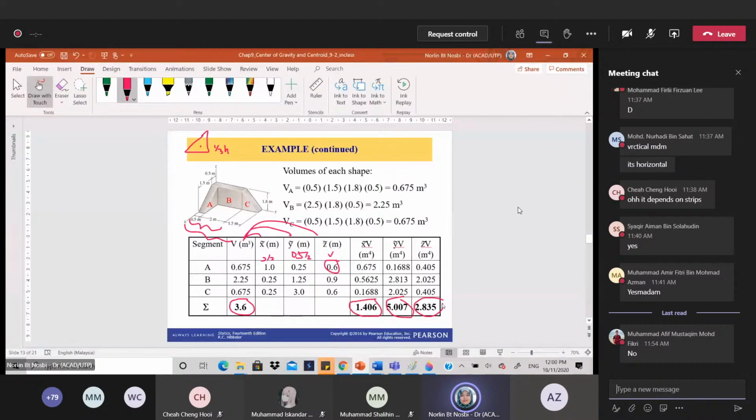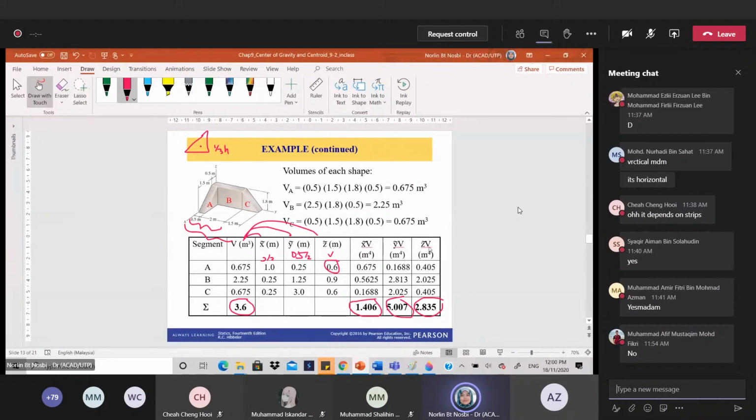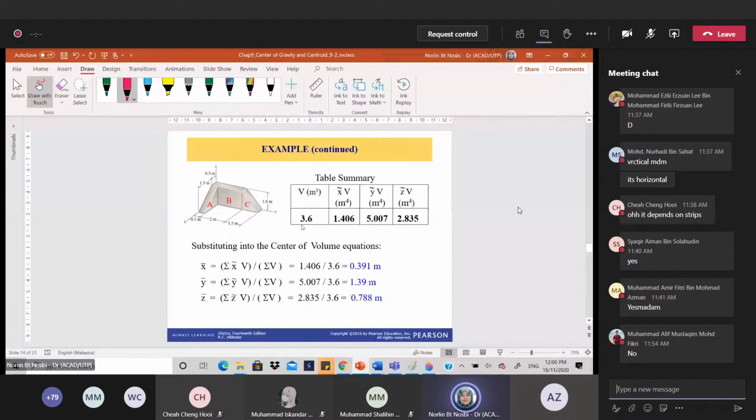So now you know the value of volume, x tilde v, y tilde v, z tilde v. So you find the x bar, y bar, and z bar. So from this equation, you just fill in back. This is the formula to find the x bar, y bar, and z bar.